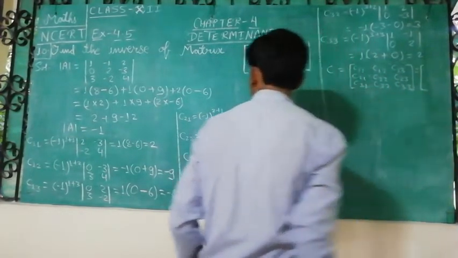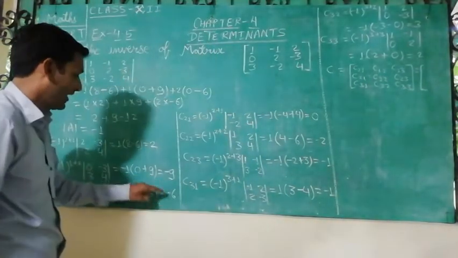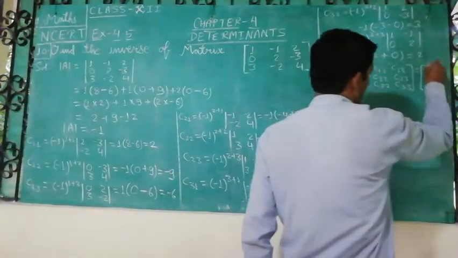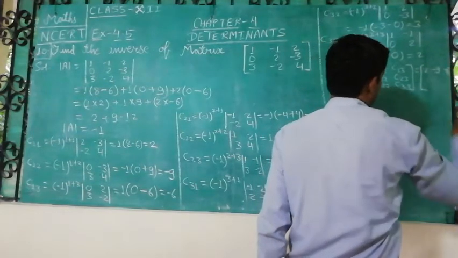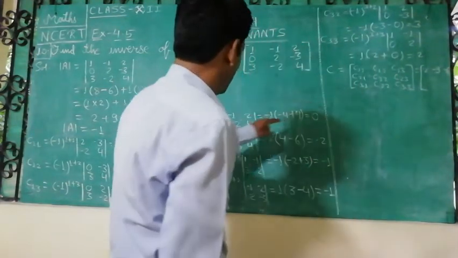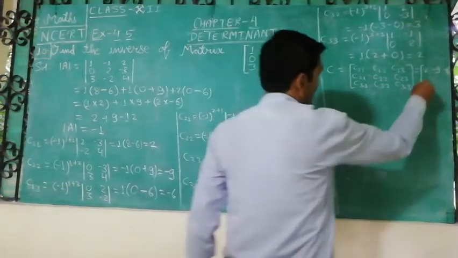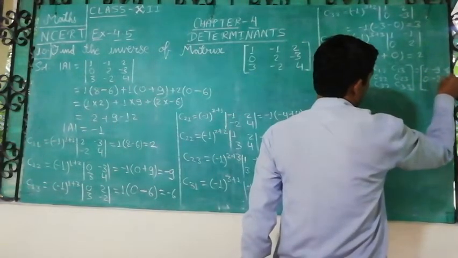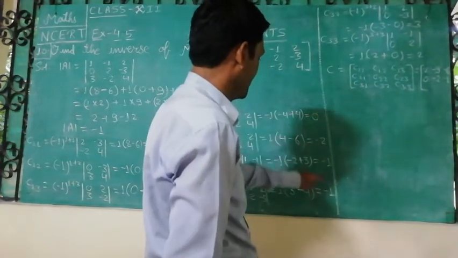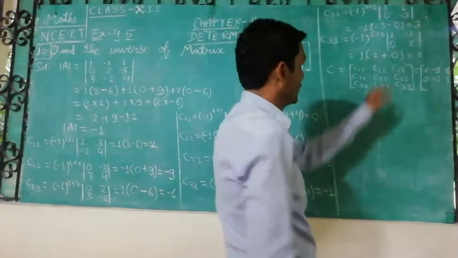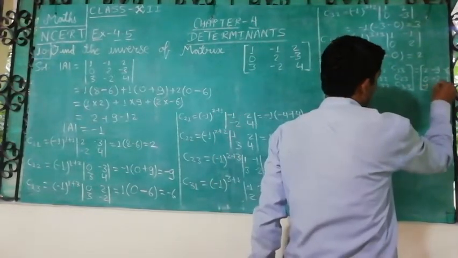We have to write this first of all. 2 minus 9 minus 6 in a row. And afterwards, 0 minus 2 minus 1. And lastly, minus 1, 3 and 2.